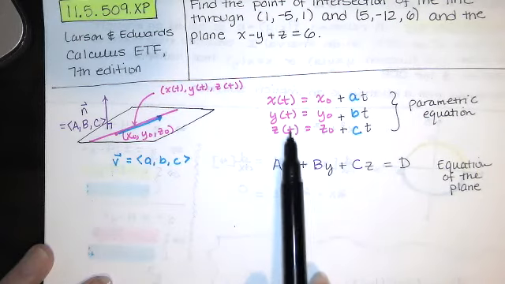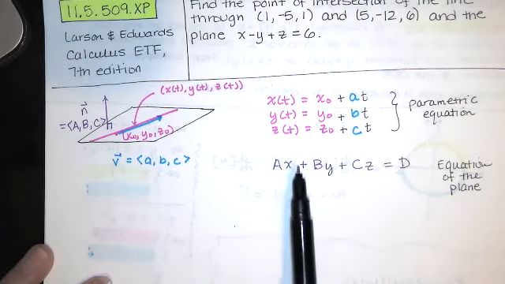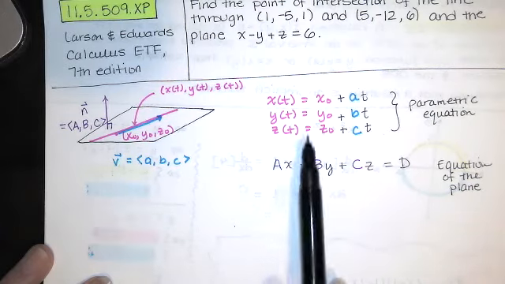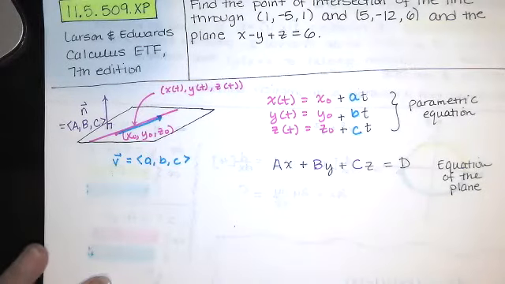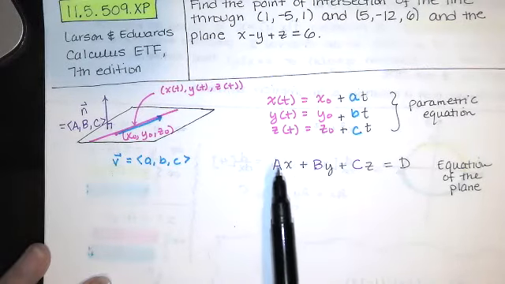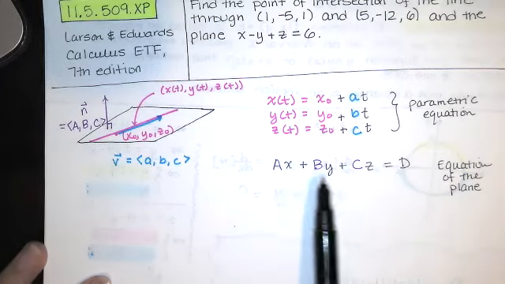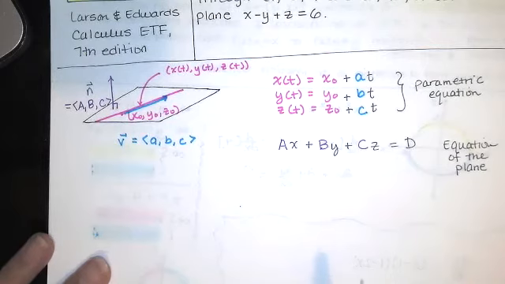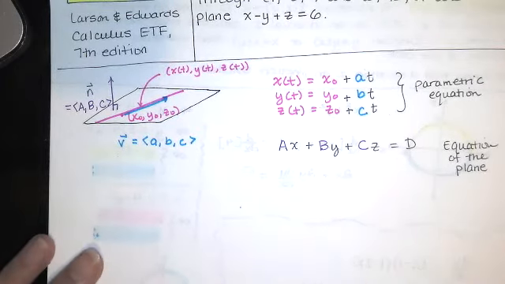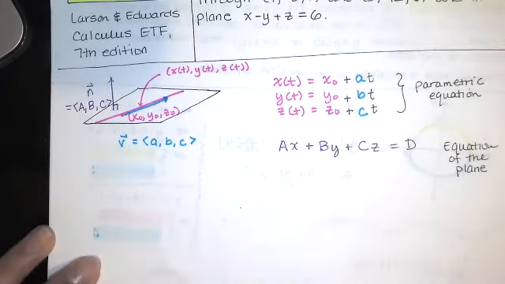Because if this line lies in the plane, then x of t, y of t, and z of t have to satisfy this equation for all values of t. So if I plug those in and I just get a true statement, d equals d, when I'm done, then the line lies in the plane. So let's write that down.